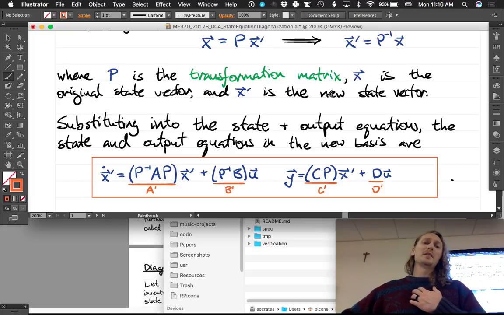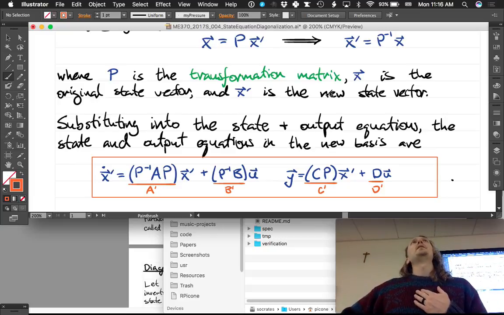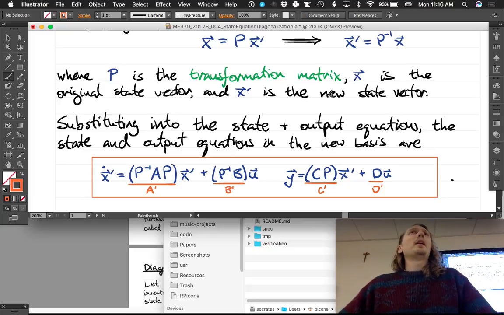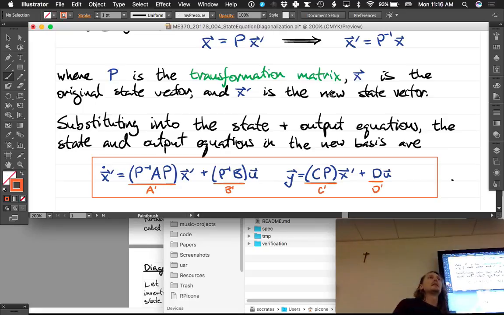And a lot of times, state variables on larger systems, using different modeling techniques, they end up not making a lot of sense. It's like the fourth derivative of something, and you don't know what that means, physically. So our state variables are nice, and we don't usually want to transform them unless we come to a situation like this where we're going to want to diagonalize.